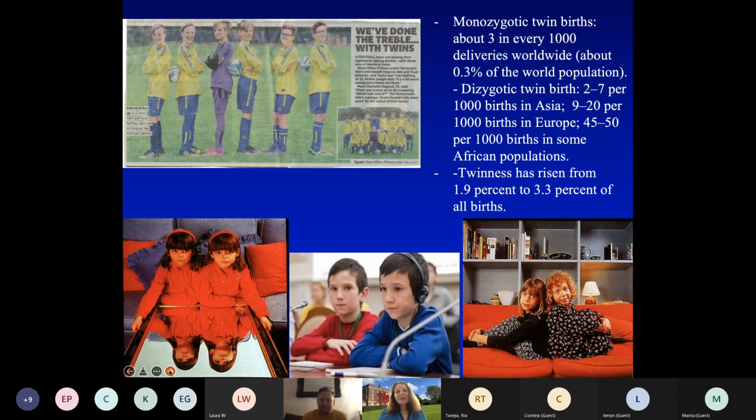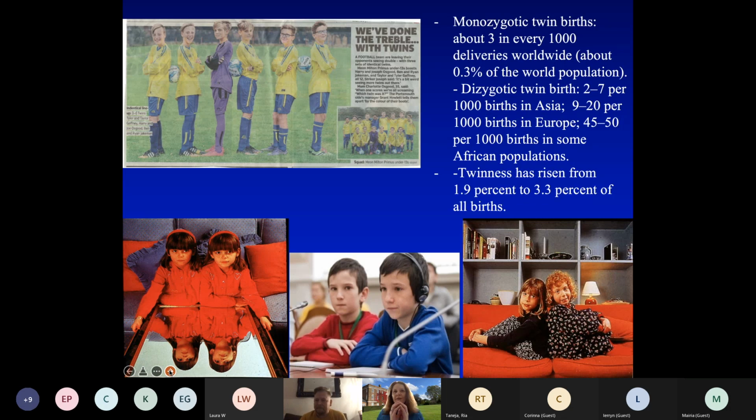A lot that we've learned about why children differ comes from conducting studies with the participation of twins. Before I go any further, I wanted to give you some statistics. Monozygotic twins are twins that are genetically identical.